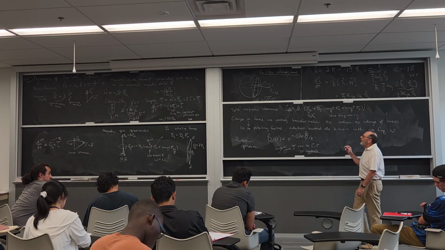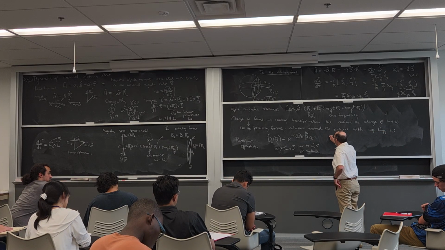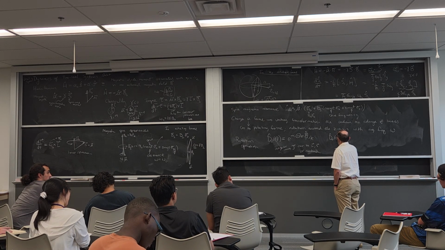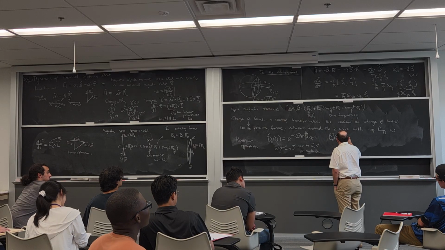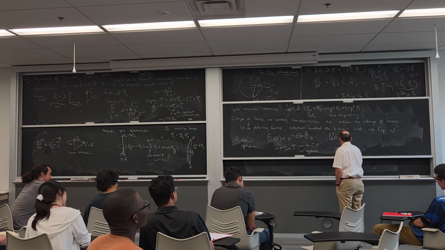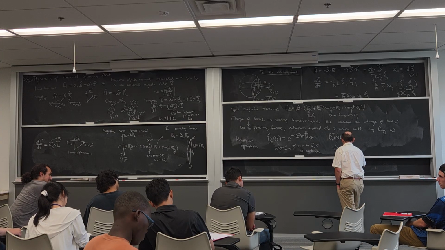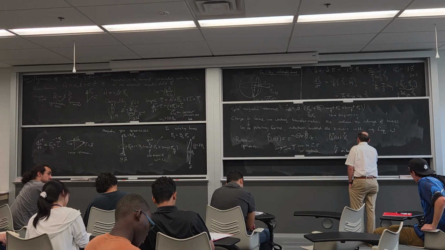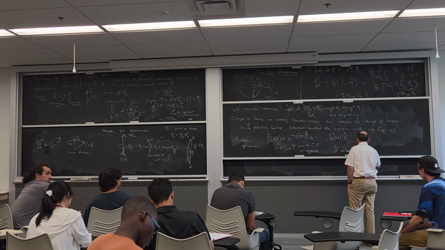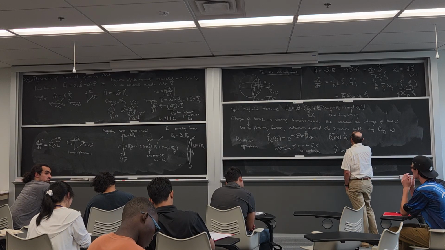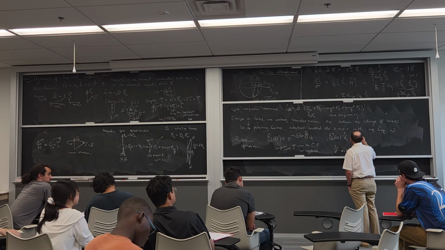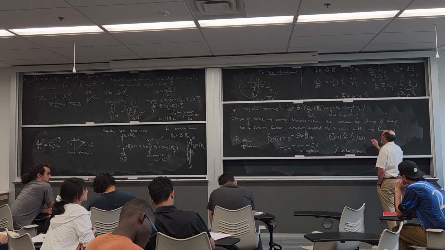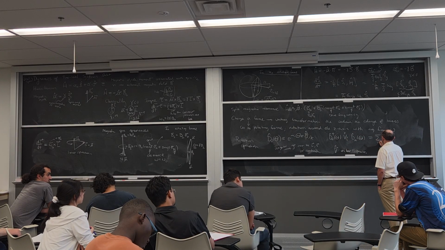And what it does is the following. If I look at the unitary transformation on a vector, so I have a vector operator, like the position vector, or the magnetic dipole vector, this is a vector operator, then I look at the unitary transformation on the different components, then what it does is it rotates the vector.